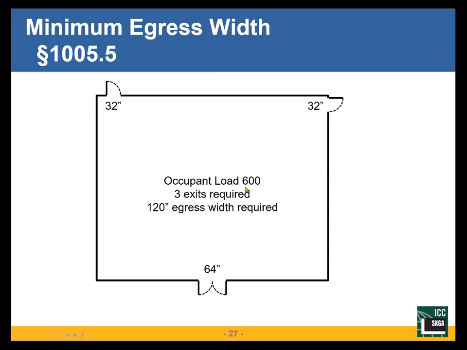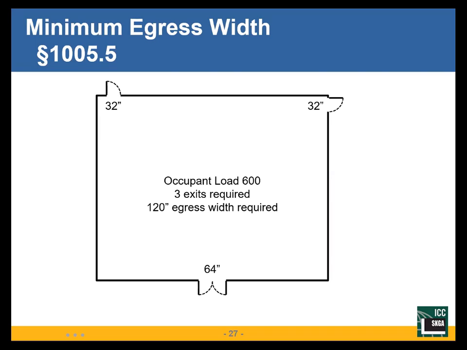At 600 times 0.2, I need 120 inches. I've got it. 32, 32, 64, 128. I've provided that. But now we have to look at it and say if one exit's blocked. As a plan reviewer, you can say that's the exit. The reality is they have to evaluate every exit.